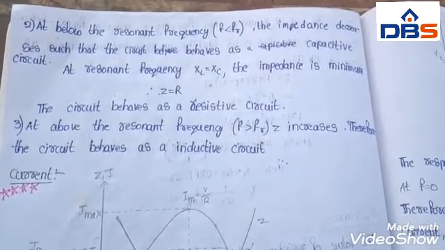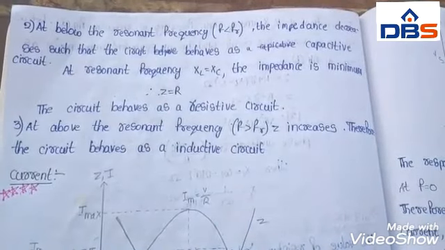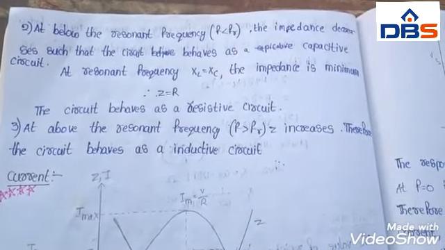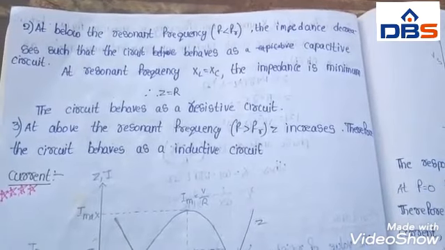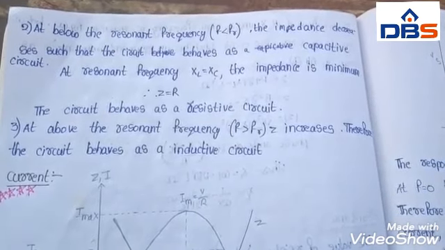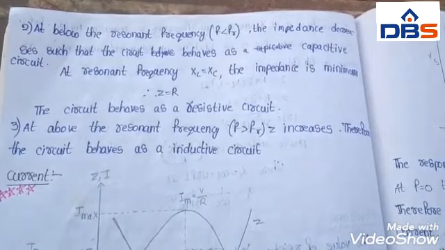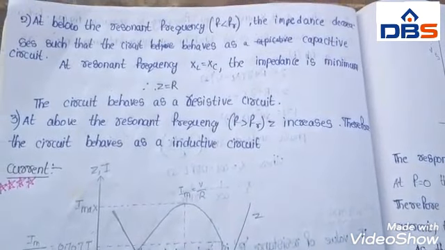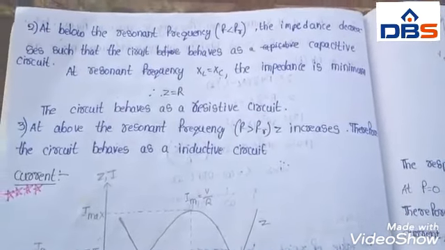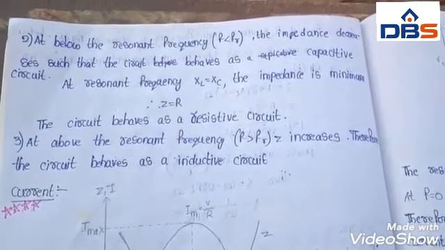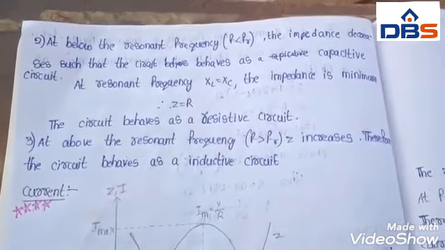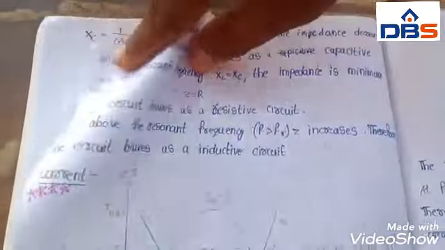Mainly three regions: below resonant frequency, impedance has a low value, such that the circuit behaves as capacitive. At resonant frequency, Z = R, so it is a resistive circuit. Above resonant frequency, impedance is high, therefore the circuit behaves as an inductive circuit.